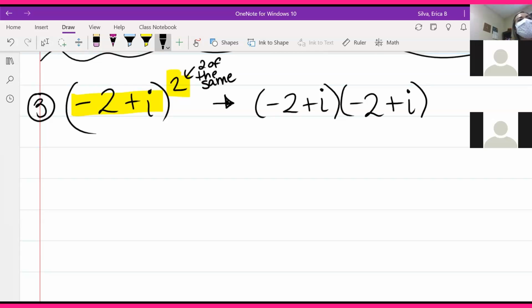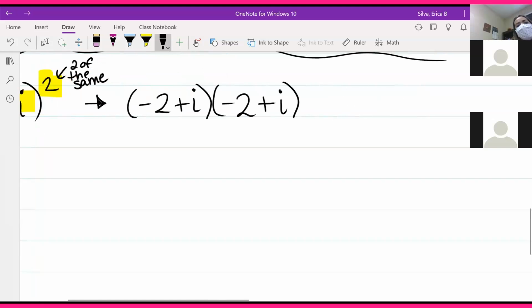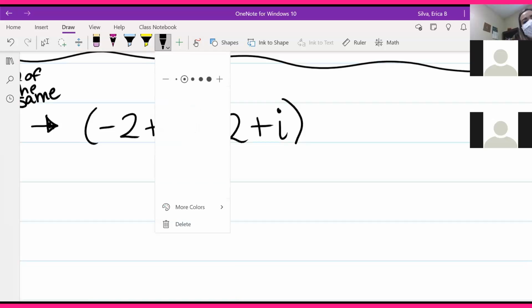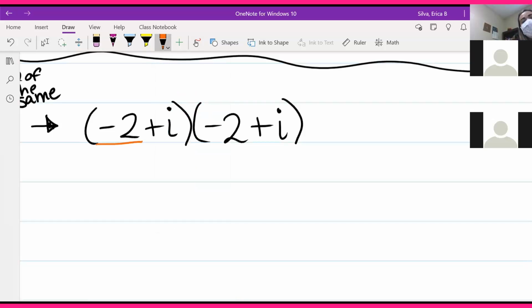There's two of them. And then we do the same process again. We start with negative 2. So negative 2 times negative 2 gives us positive 4. Then negative 2 times i is negative 2i.